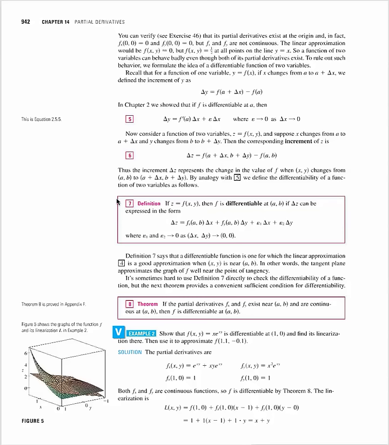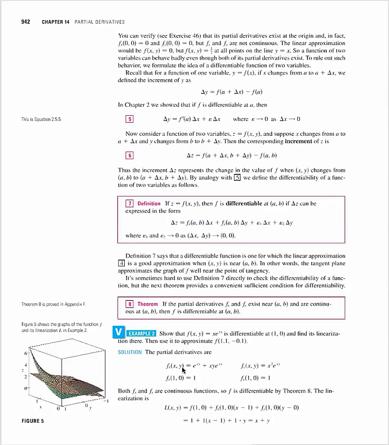It probably will not look that familiar from Calc 1, and so I would say skip the bulk of page 942, like from the second paragraph, probably down through definition 7 and a little bit right after it. You can kind of take theorem 8 as your definition of differentiability. If your partial derivatives exist and are continuous at a point (a, b), then f is differentiable at (a, b). Differentiability is all about partial derivatives.